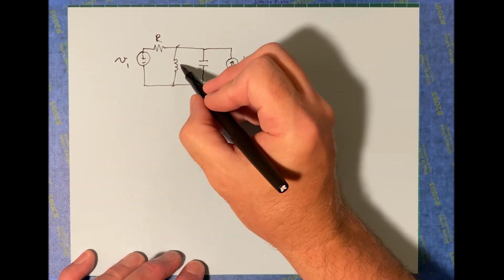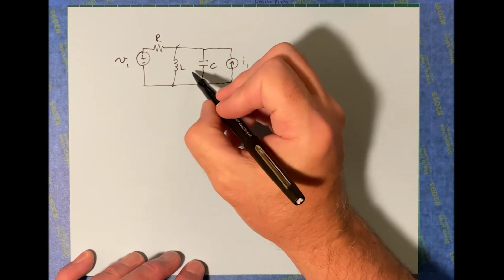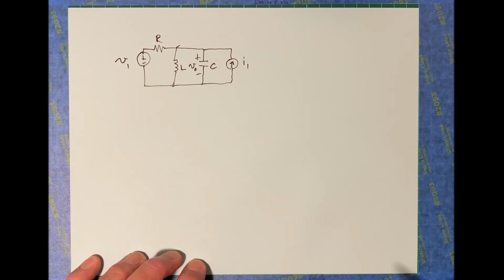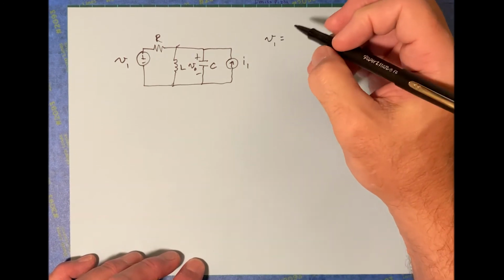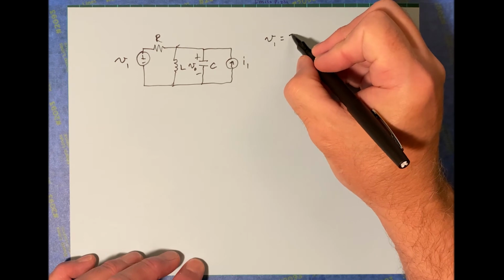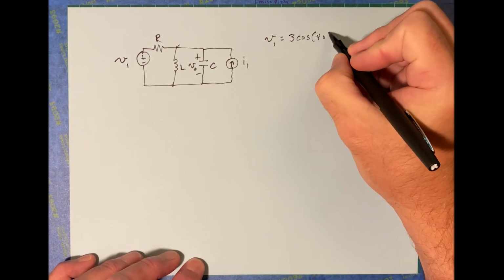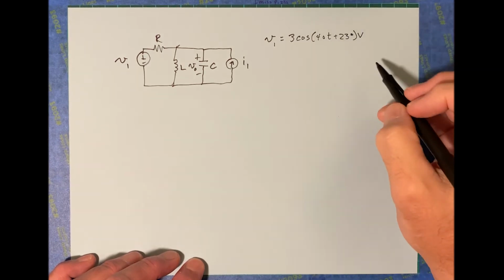This is our happy little circuit. There's our little resistor, inductor, capacitor, and what we're after is we want to know what the voltage is across that capacitor. Now, we've got some time-varying sources here. V is 3 cosine(40t + 23 degrees) volts.